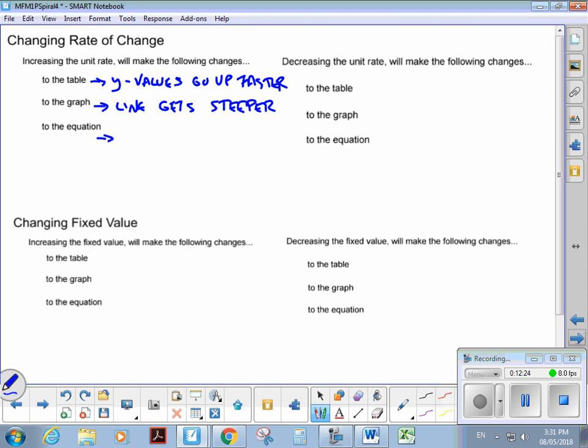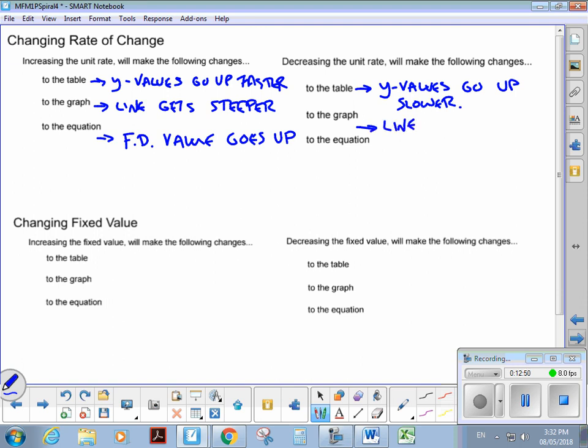And to the equation, the first difference value goes up. Now if we decrease it, to the table, the y values go up slower because you're adding a smaller amount each time. To the graph, the line gets less steep. And to the equation, the first difference value goes down.